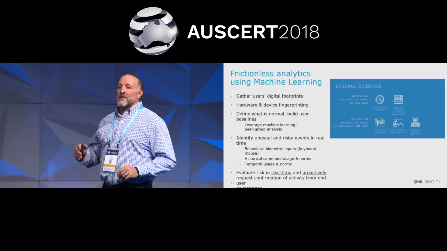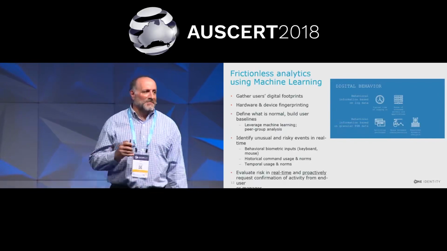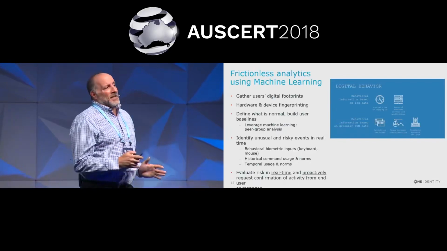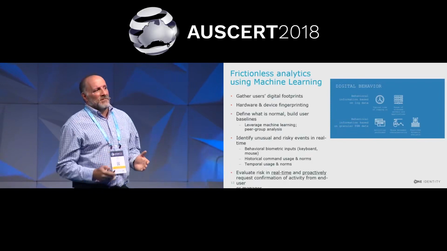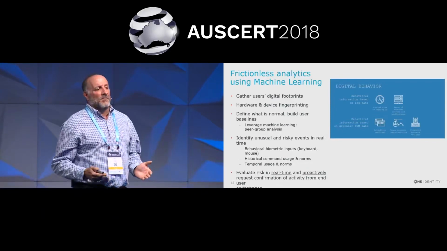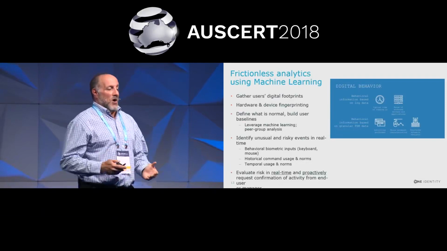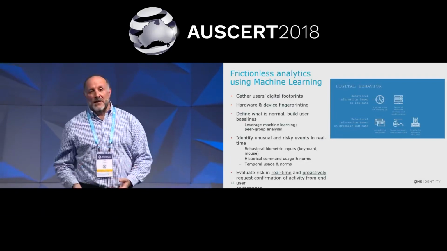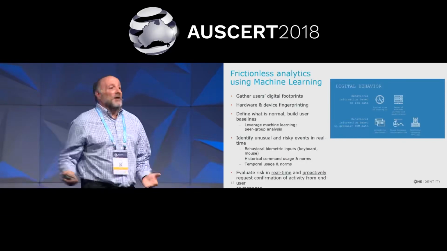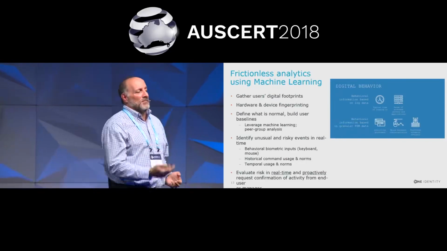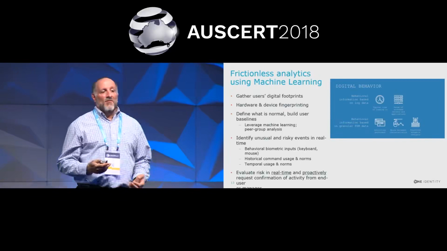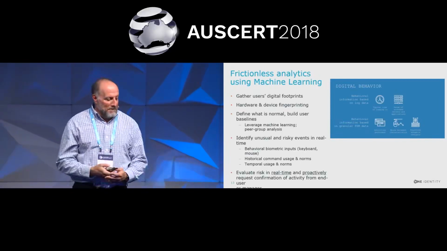Are you doing this? Or send it to the manager and say, are they doing this? Things like being able to detect conditions where you have someone using privilege from Australia and from the United States at the same time. That shouldn't happen. So being able to stop that before the damage is done.